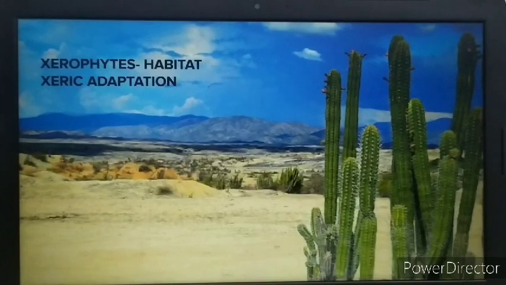But when we talk about these desert plants, they do not have such leaves. Their leaves are modified, and these modified leaves help to conserve water, store water, and also prevent loss of water.